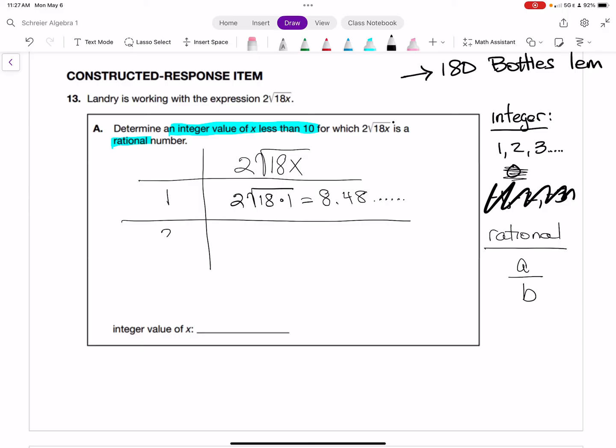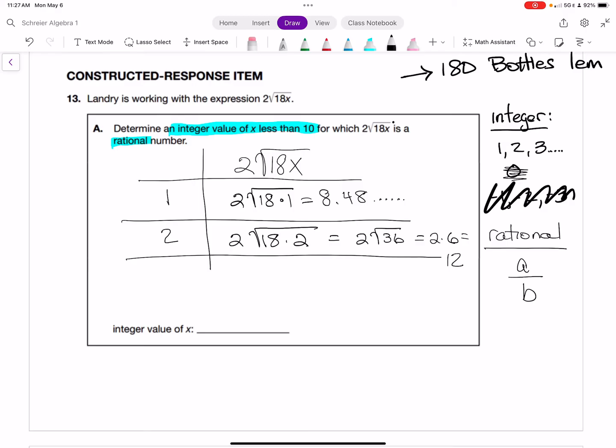So we need to move on. So let's go to 2. So now if I take 2 times the square root of 18 times 2 in my calculator, that gives me 2 times the square root of 36, and the square root of 36 is 6. So 2 times 6 gives me a nice whole number or integer value of 12.